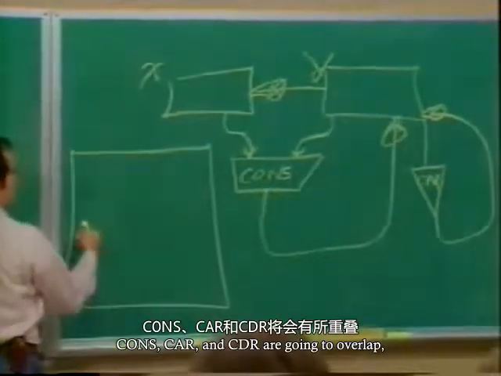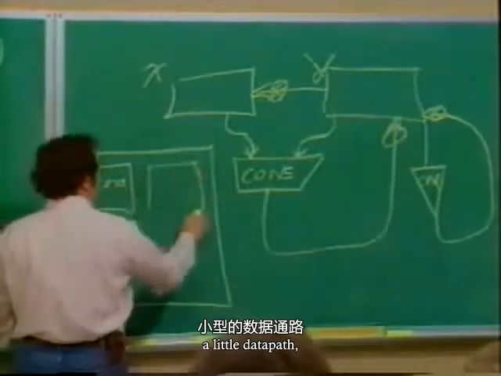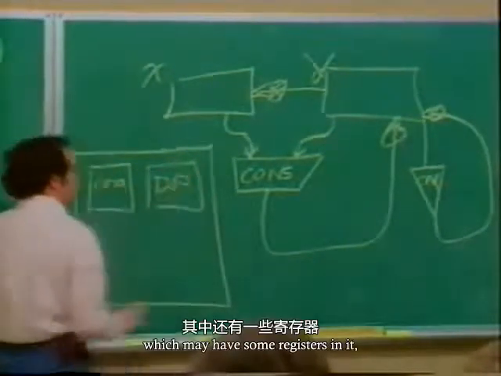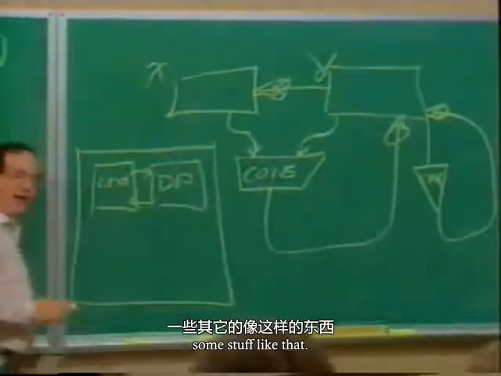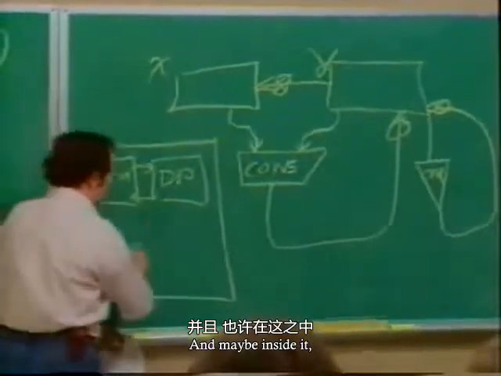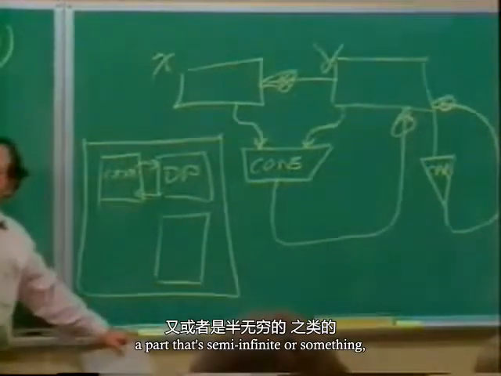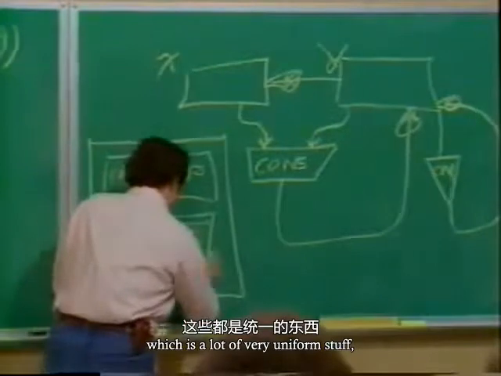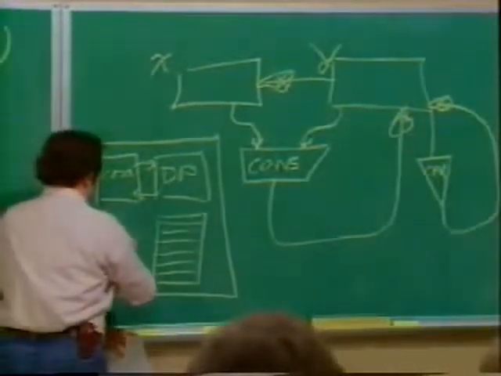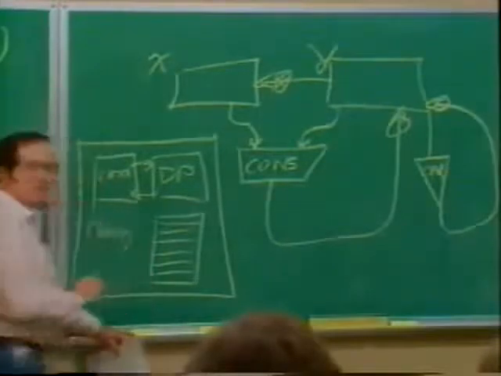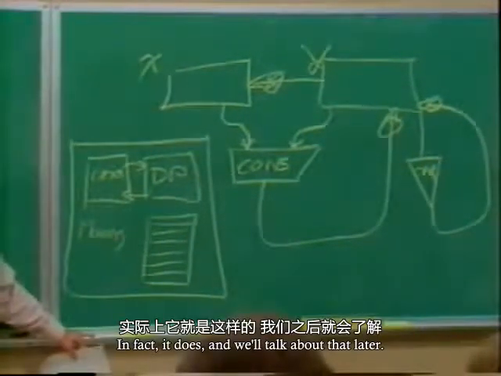Cons, car, and cdr are going to overlap, and what we're going to find is a little controller, a little data path, which may have some registers in it, some stuff like that, and maybe inside it, there may also be an infinite part, a part that's semi-infinite or something, which is a lot of very uniform stuff, which we'll call memory. Okay, and I wouldn't be so horrified if that were the way it works. In fact, it does, and we'll talk about that later.